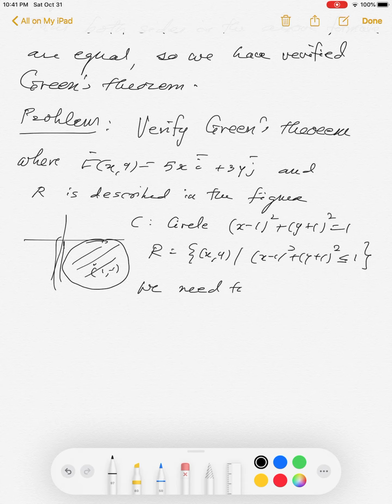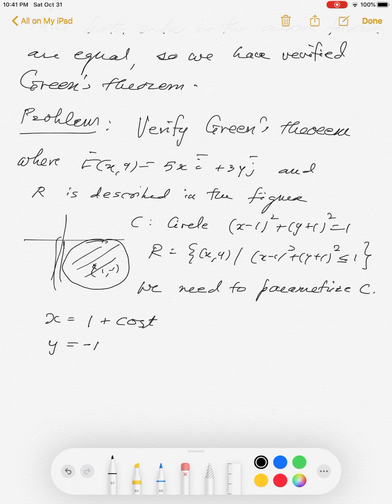So let's verify this. First of all, we'll need to parameterize C. That's not difficult because it's a circle, and the center is at 1.